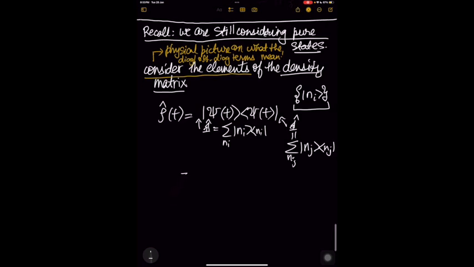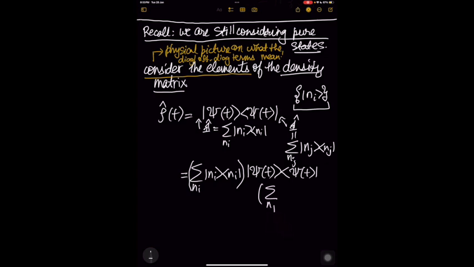Right, so I get n sub i. I'm doing the mathematics really slowly, so let's just take some baby steps here, because I'm assuming you guys are still relatively new to this formalism.